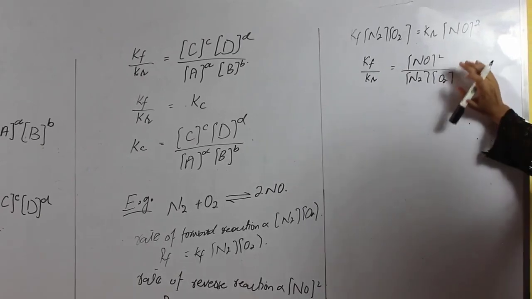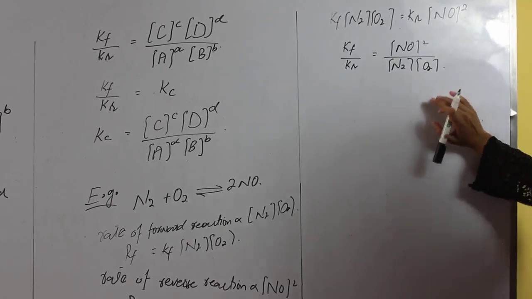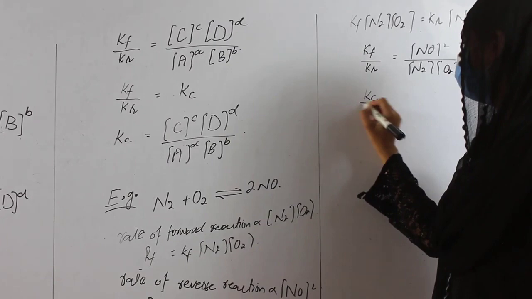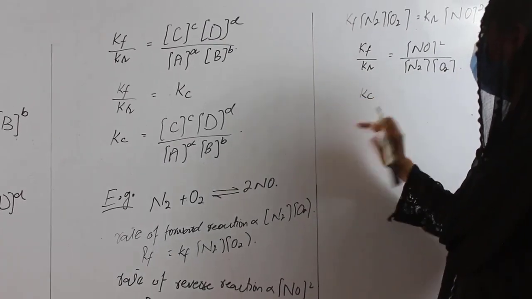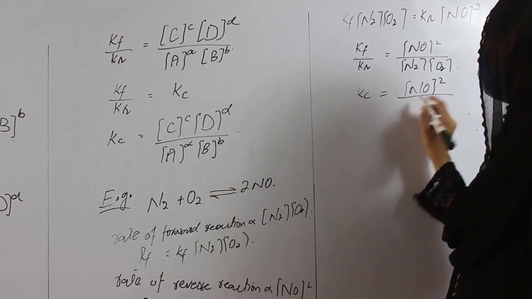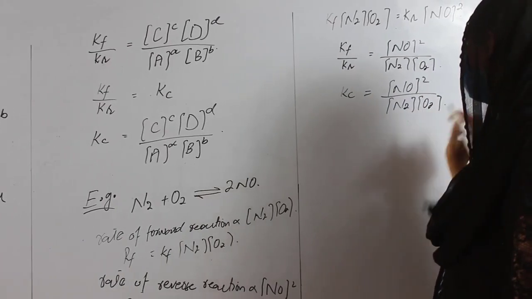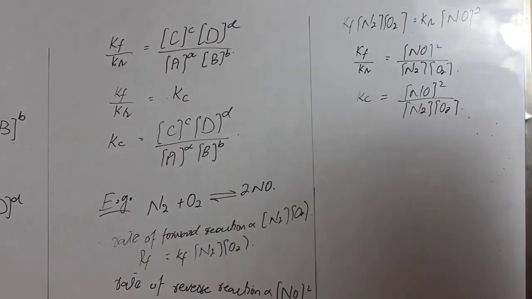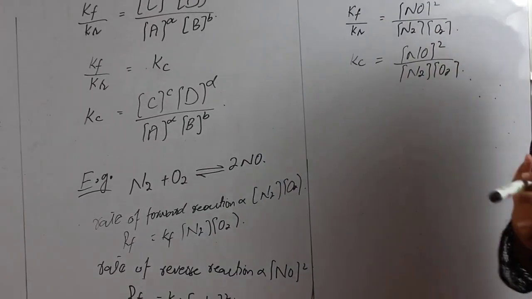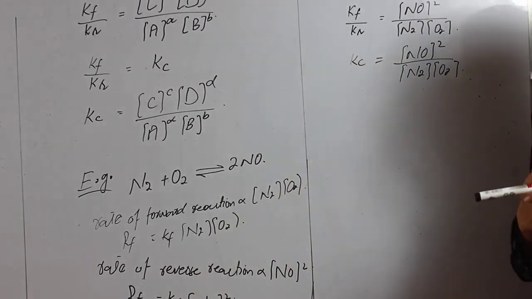By applying the cross exchange method, constants are put on one side of the equal sign and the variables on the second side, and in place of the constants of the forward and the reverse we take a new constant, that is the equilibrium constant, and that is the general expression for nitrogen and oxygen gas. Means in this case we are taking a reaction in which nitrogen reacts with oxygen gas and forms nitrogen oxide molecules or nitrogen oxide gas.